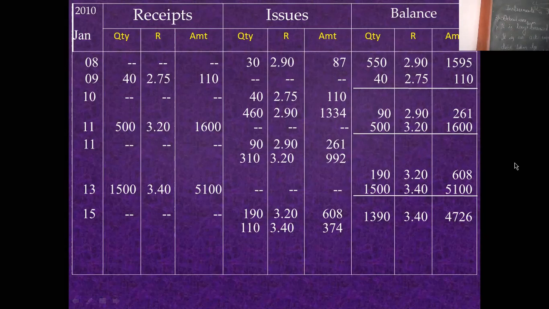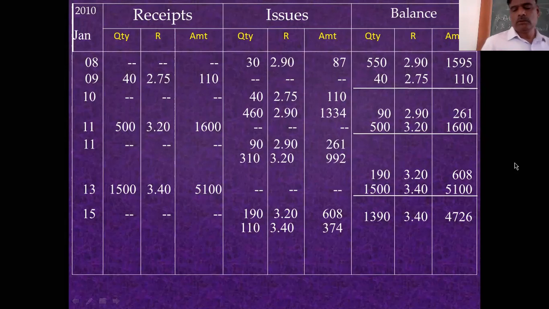If there is an issue, then issue as per the method. Which rate applies? Issue at 3.43. Then the receipt again: the last issued quantity is to be taken back as a surplus. Remember this. Last issued quantity is to be taken back as a surplus.